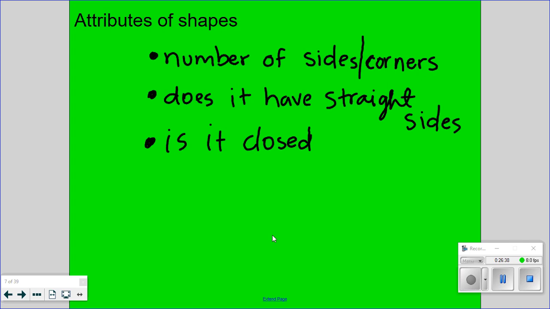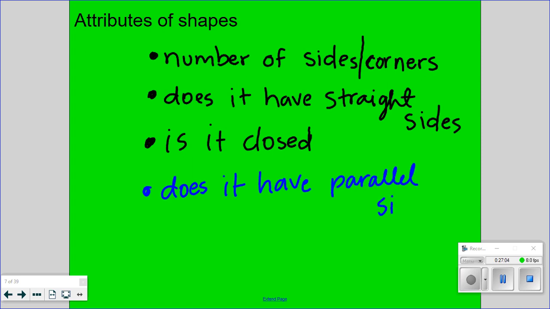So pause your cutting, pause your gluing, flip back to this page in your notebook, and we're going to add, does it have parallel sides or lines? That's another way we can look and start classifying shapes. Once you add that, you can go back to cutting and gluing.